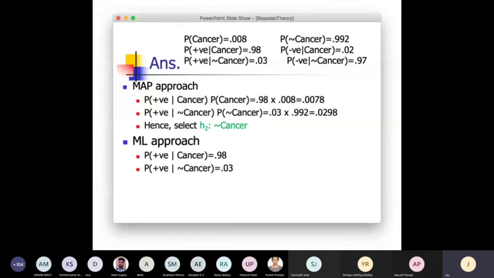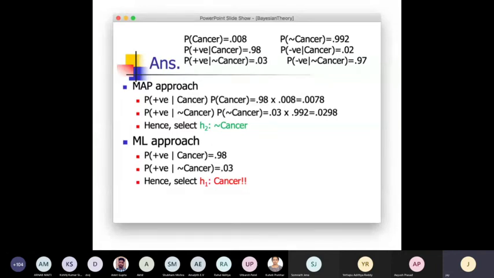What is the hypothesis? That the patient has cancer. The probability of positive given cancer is 0.98, which is already in your data set. Similarly, the probability of positive given not cancer is 0.03. So what should your verdict be? Your verdict is H1, right? You see that given two scenarios, you have opposite decisions.